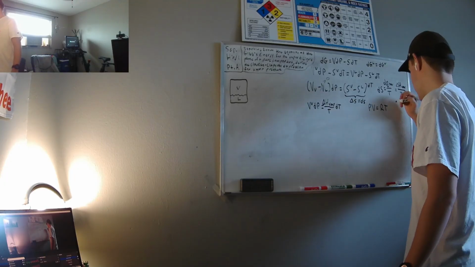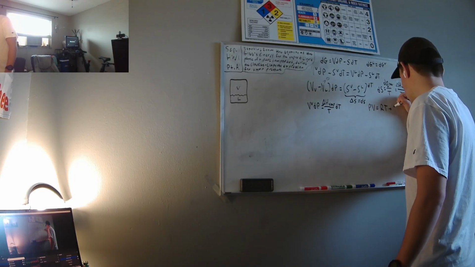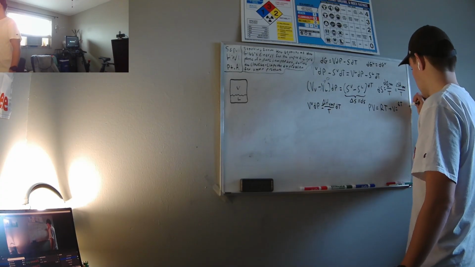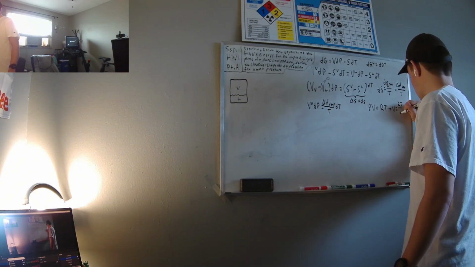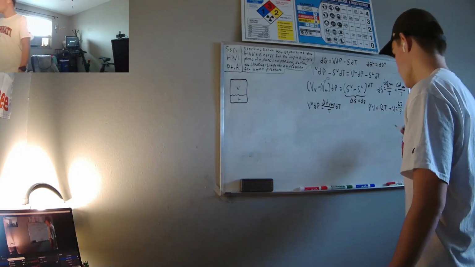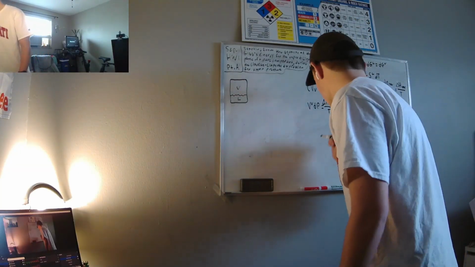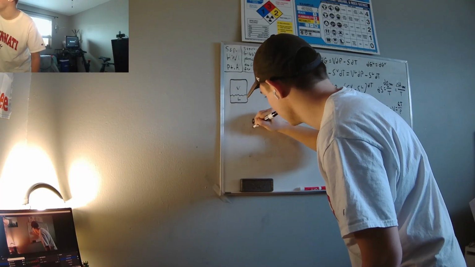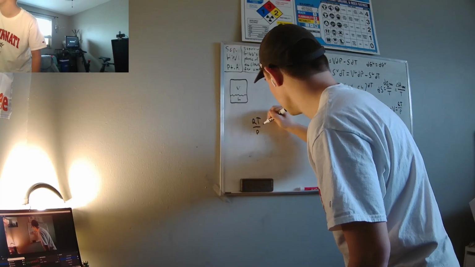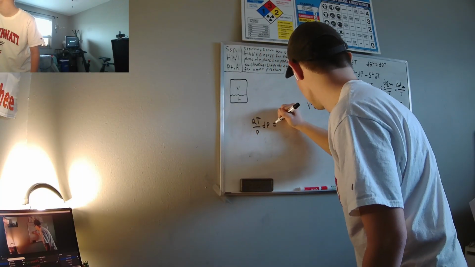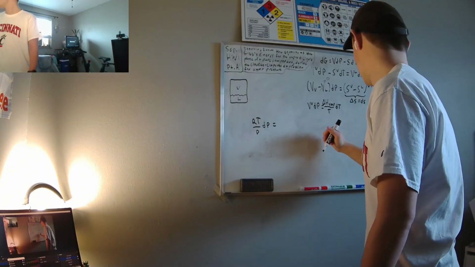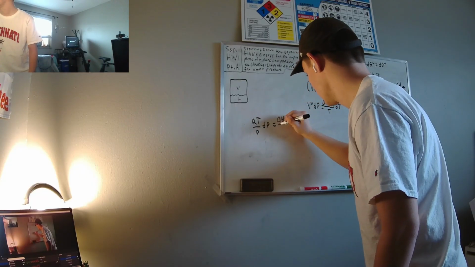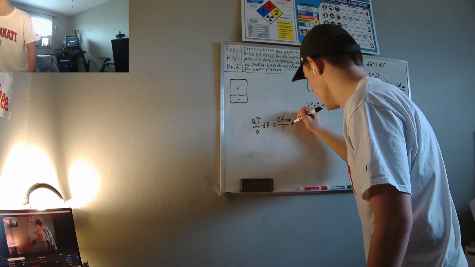By rearranging this a little bit, we get that V equals RT over P. So subbing this into our equation, we get RT over P dP equals delta H vap over T dT.